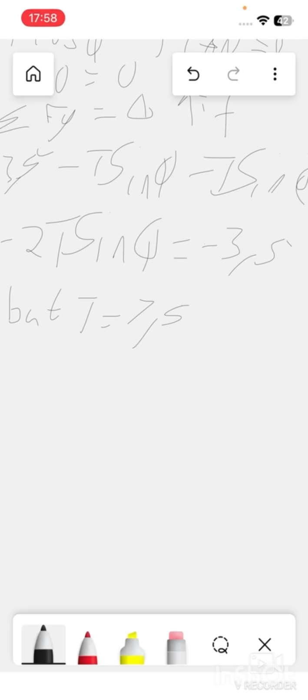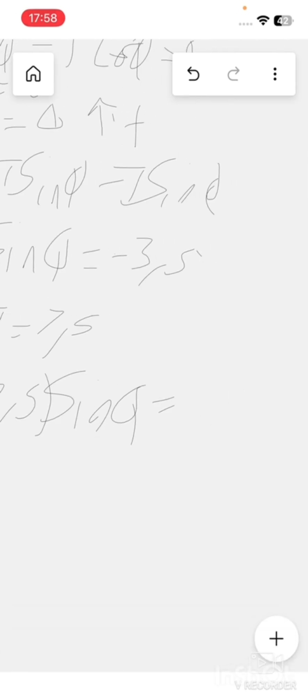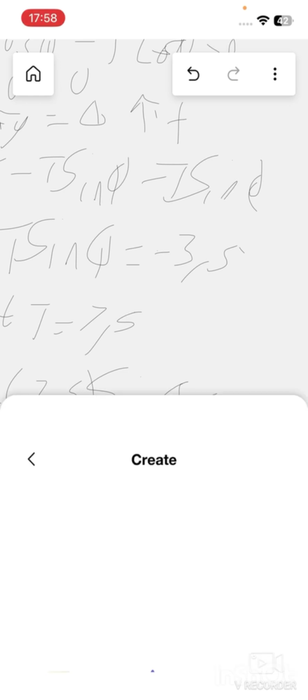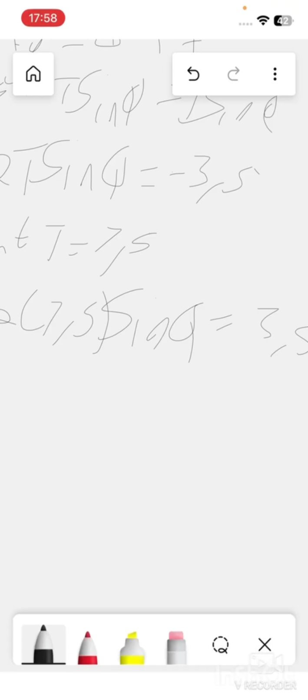We're gonna have positive 2 times negative 7,5 sine theta is equals to 3,5. Therefore, we're gonna get our theta.